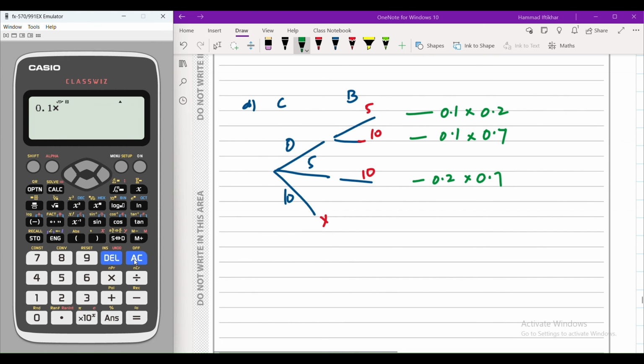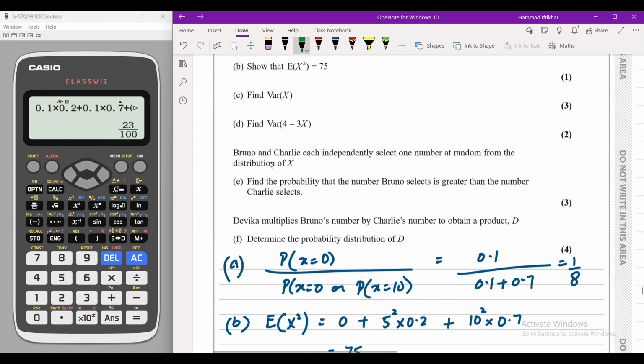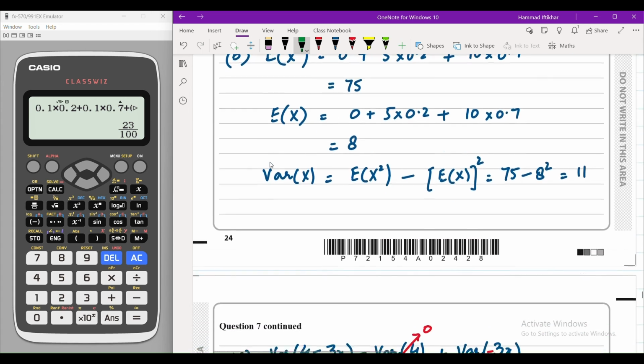So now 0.1 times 0.2 plus 0.1 times 0.7 plus 0.2 times 0.7 ends up to be 0.23. Oh, that was part E.